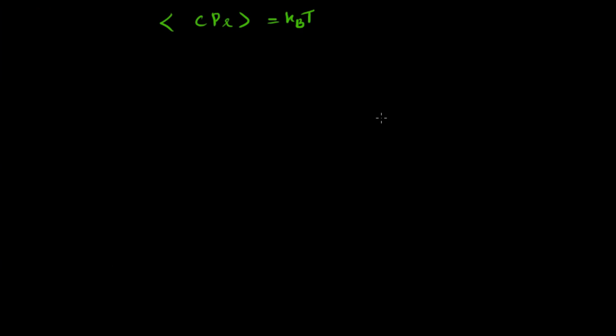I'm just going to write it like this: the total average energy will be the summation of the kinetic energy part and the potential energy part.